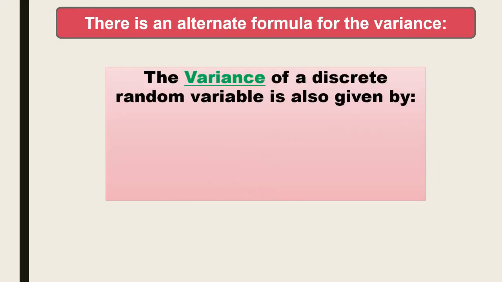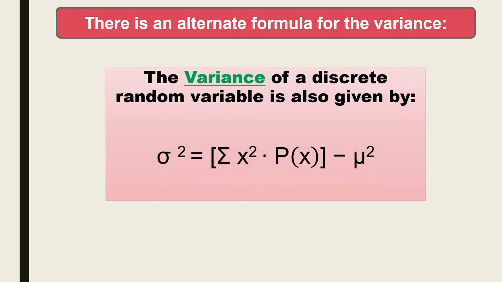The variance of a discrete random variable is also given by, this time, the sum of x squared times the probability of x. So we take each value of the random variable and square it, then multiply it by the probability. We add those all up, and then after we've got that sum, we subtract the square of the mean.